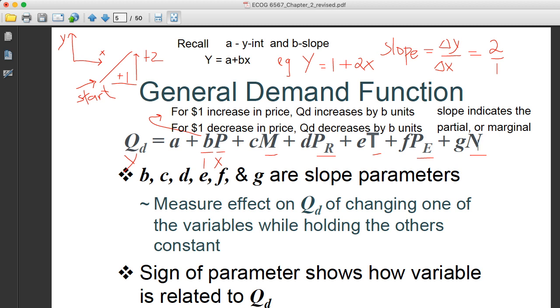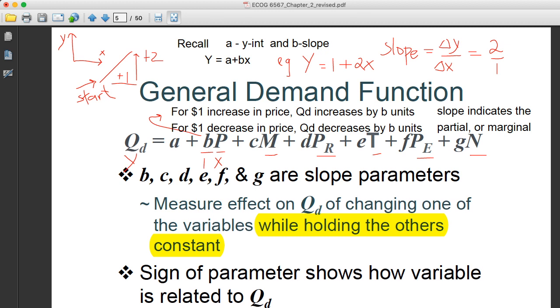I have to make an assumption that we can do this while holding the other variables constant. So I say income doesn't change, the price of related goods doesn't change, tastes don't change, future prices don't change, and the number of consumers doesn't change. I'm going to say that doesn't change, and then a $1 increase in price, QD increases by B units.